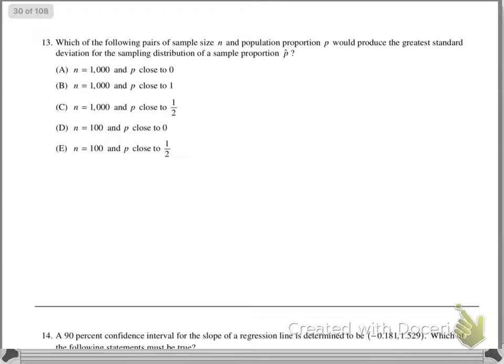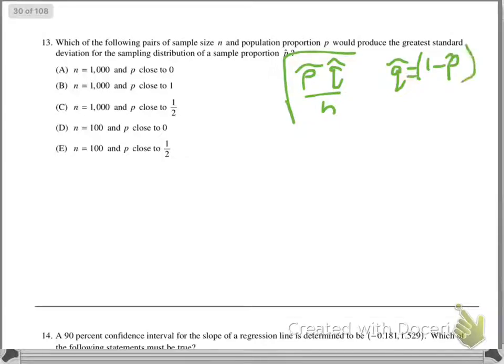Okay, so let's talk here about number 13. Remember that the standard deviation for proportions is the square root of P hat Q hat divided by n. And more importantly, Q hat is going to be equal to 1 minus P hat. Do you see that these two are the same thing?